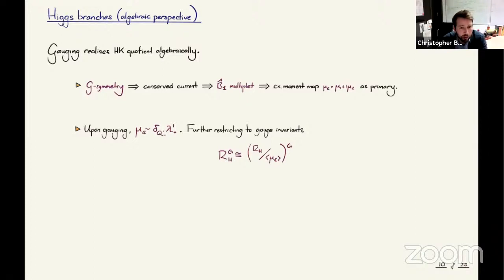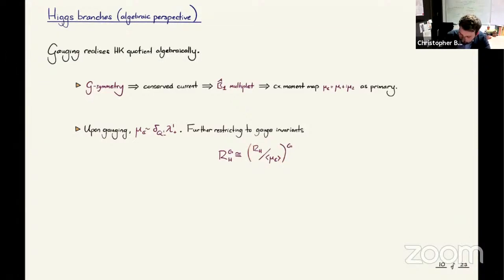And then when you turn on the gauge coupling, this moment map operator combines with another operator that you've introduced, this gaugino operator, so that it no longer obeys the correct shortening conditions to be one of these B hat 1 operators. And so what that does is that at the level of this ring of operators, and as these B hat operators, you quotient by the ideal generated by this operator that's the moment map.